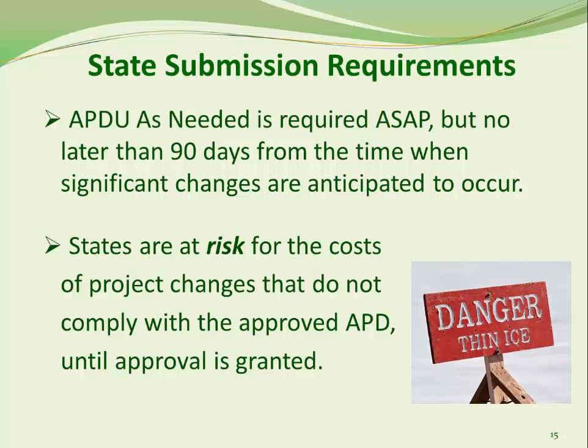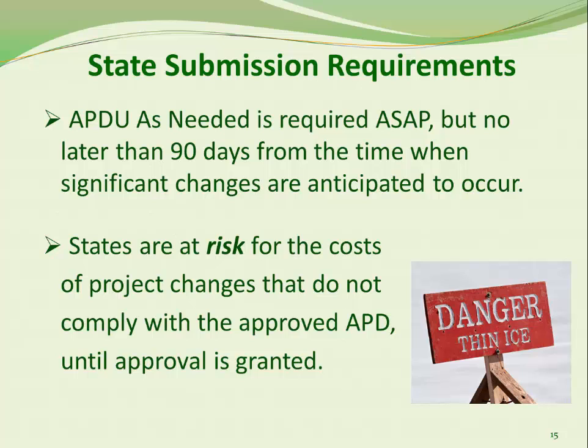The APDU as needed is not an optional submission, but is mandated by these triggers. The APDU must be submitted no later than 90 days from the time when significant changes are anticipated to occur. It is important to remember that prior approval from FNS is required whenever you make a significant change to your plans.